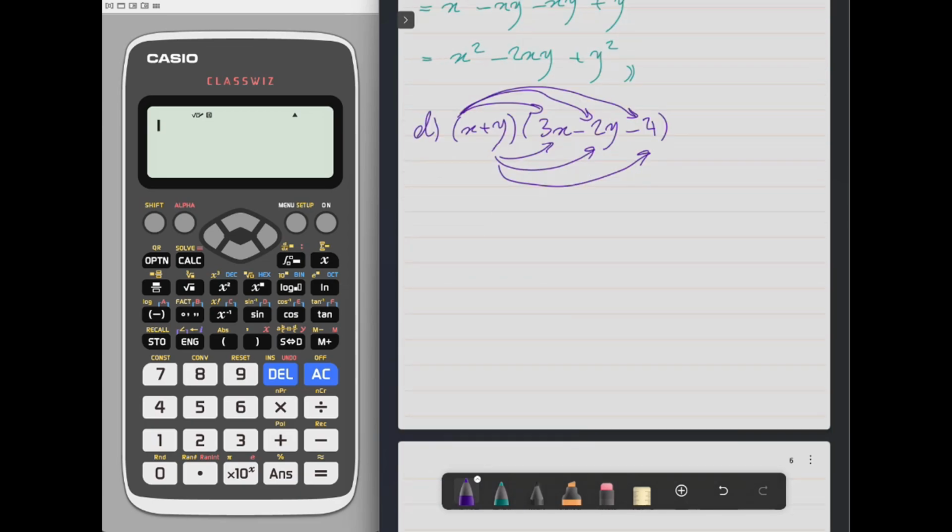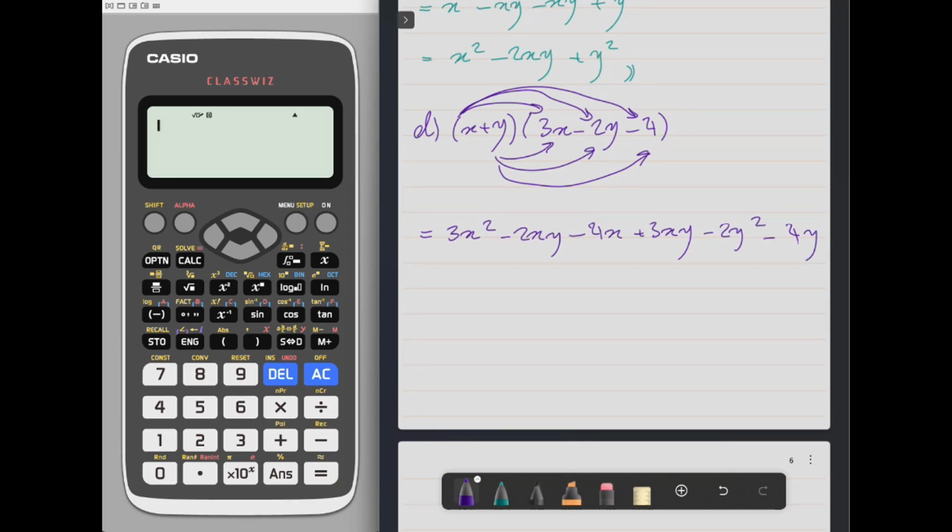So: x times 3x, 3x squared. x times minus 2y, minus 2xy. x times minus 4, minus 4x. y times 3x, plus 3xy. y times minus 2y, minus 2y squared. y times minus 4, minus 4y.